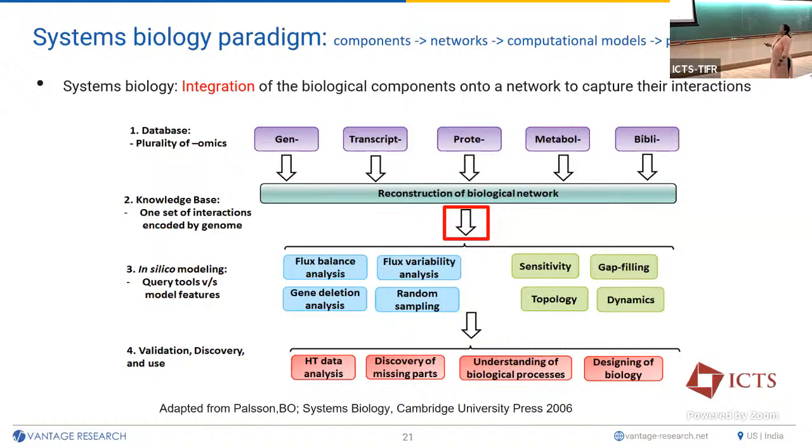So all of that can be integrated onto a metabolic model as well as some other biological networks. And you can use a series of network analysis tools for a number of these kinds of analysis. Basically, the majority of the metabolic models that I'll be showing here have been used in discovery of the missing parts, and to get an in-depth knowledge of the biological processes at the level of metabolism.